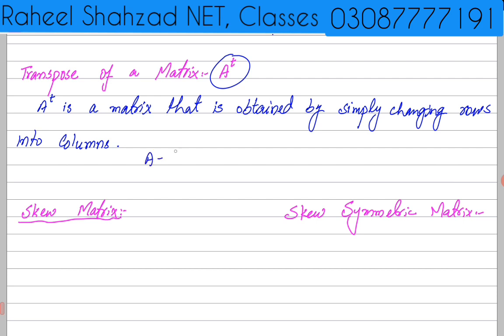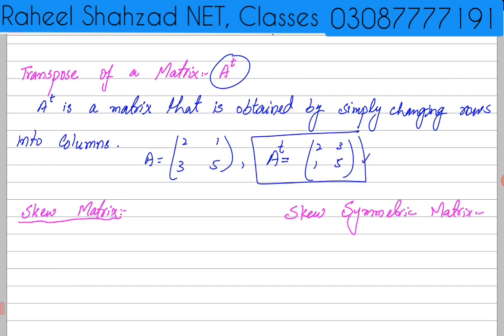For example, A is the matrix [2, 1; 3, 5]. Then A transpose is going to be [2, 3; 1, 5]. So you have simply replaced rows with columns.